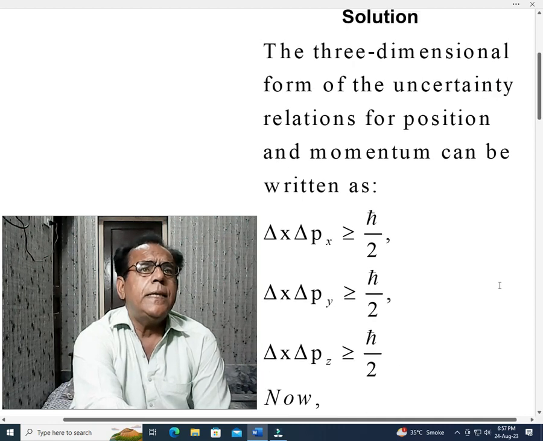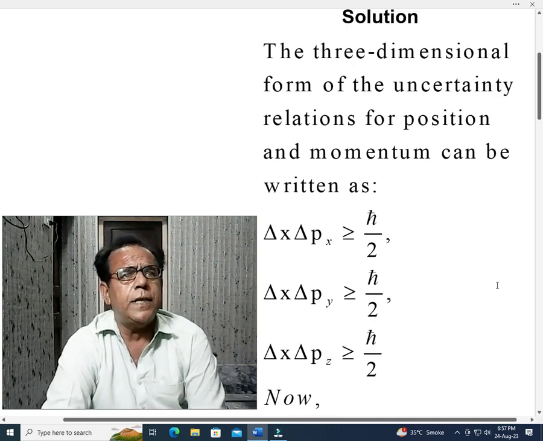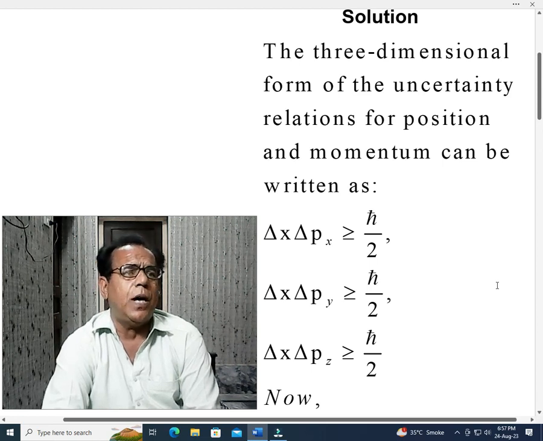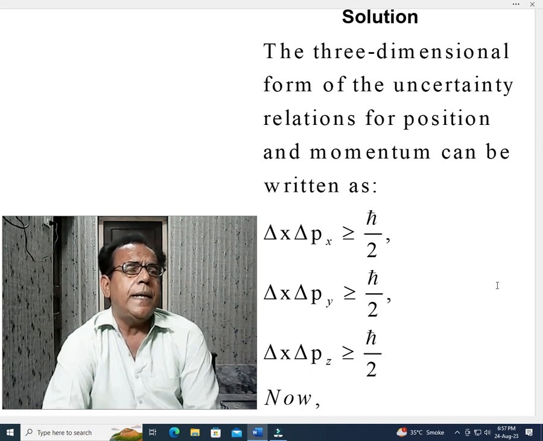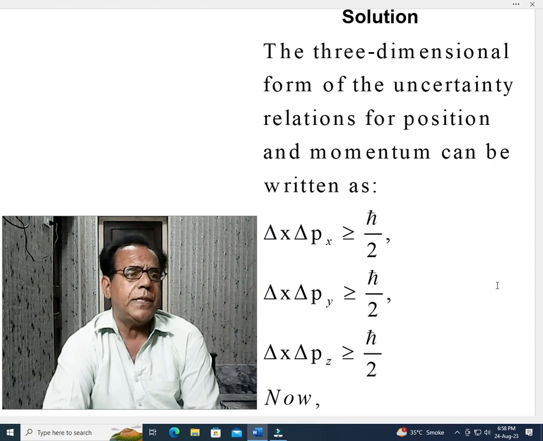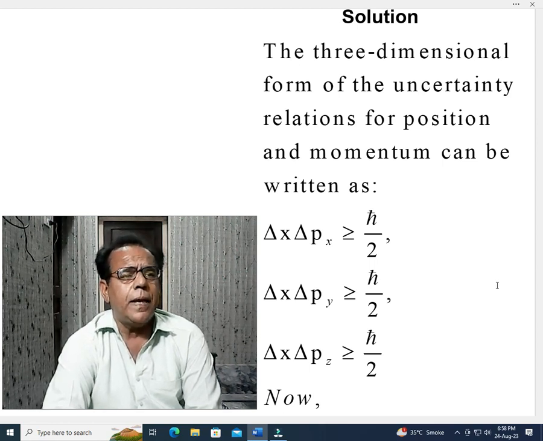The three-dimensional form of the uncertainty relations for position and momentum can be written as Δx Δpx ≥ ħ/2. Similarly, Δy Δpy ≥ ħ/2, and Δz Δpz ≥ ħ/2.